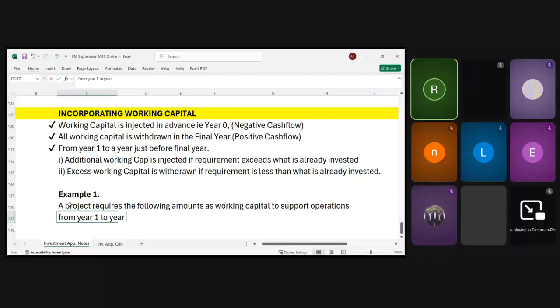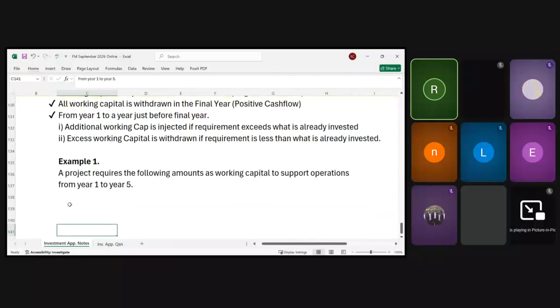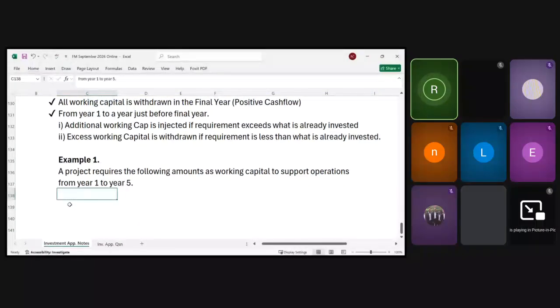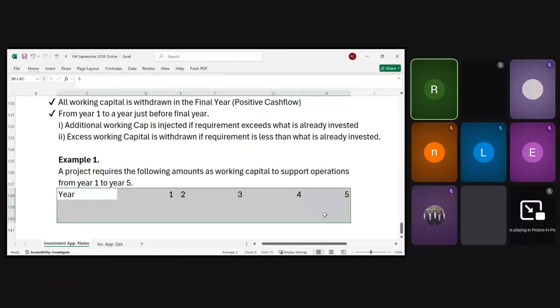Let's put to year 5, for it to make more sense. So I'm going to have my years 1, 2, 3, 4, 5. So I have my 5 years here.